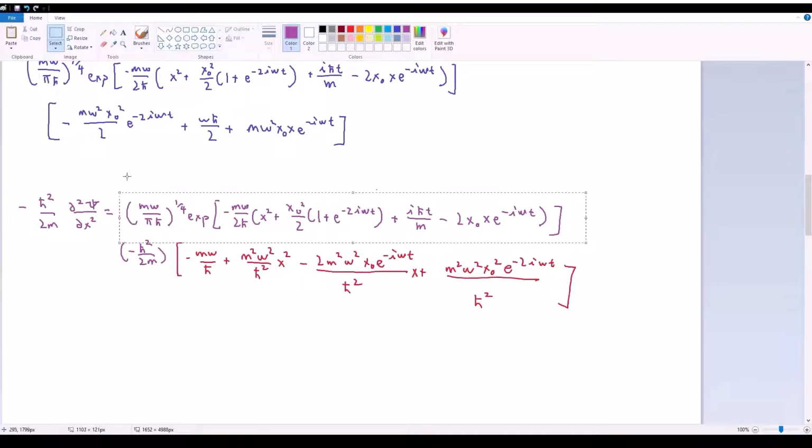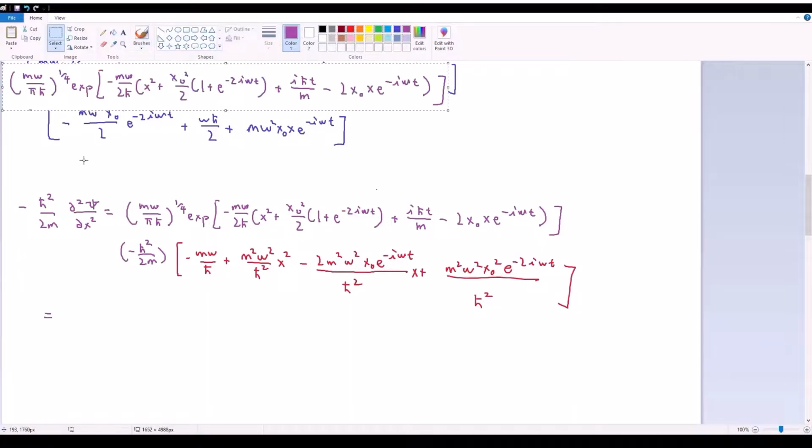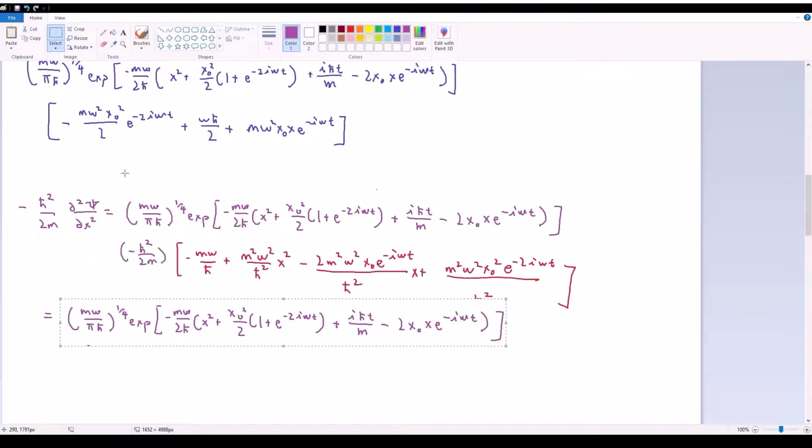I'm going to start by copy pasting this top term. And then we're multiplying by, so the first term becomes positive, and let's see, the m's cancel out, we get h bar omega over 2, I believe.